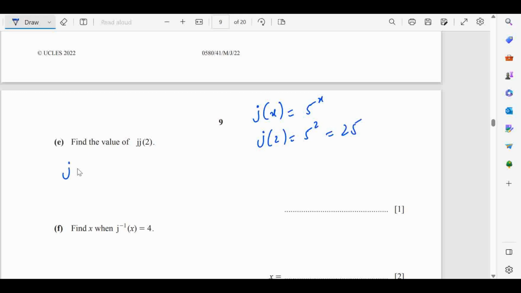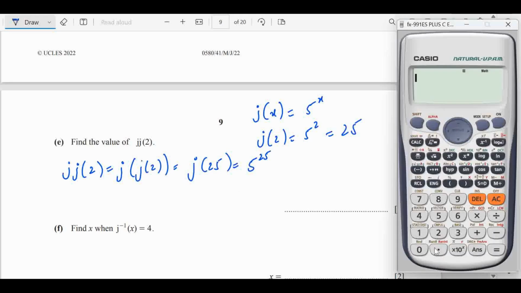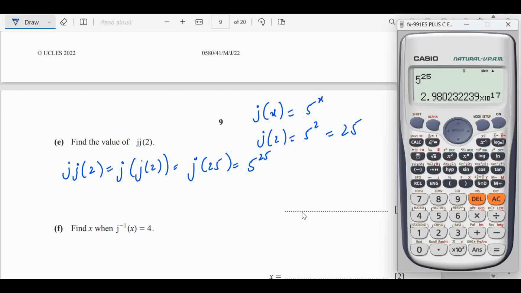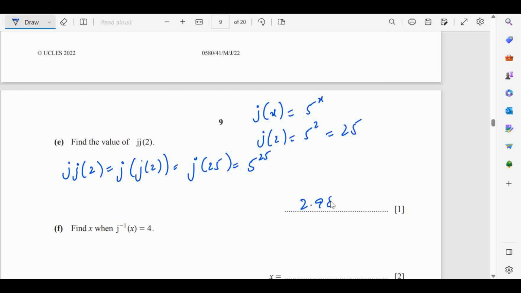So j j of 2 means j of 25, which will be equal to 5 power 25. So we can say 2.98 multiplied by 10 raised to power 17. This will be the final answer.